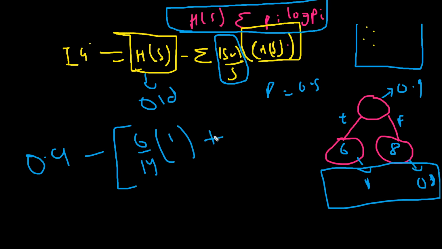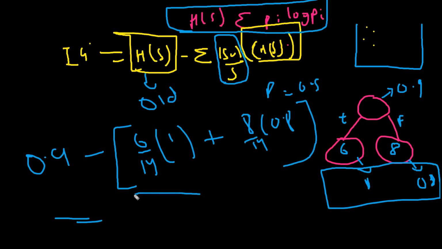Then plus 8 by 14, because we have 8 examples here and 6 examples here, and our new entropy is 0.8. This is how we get our information gain.